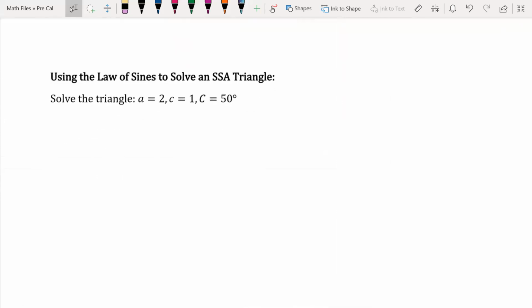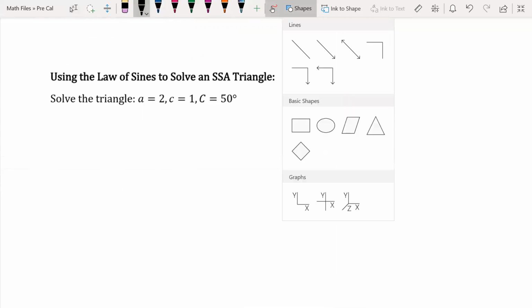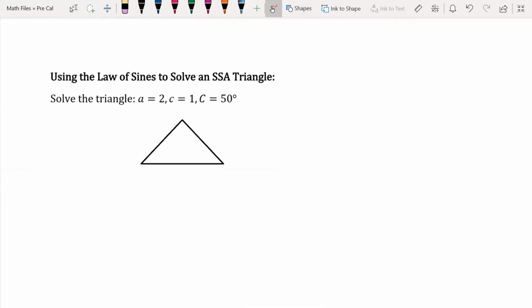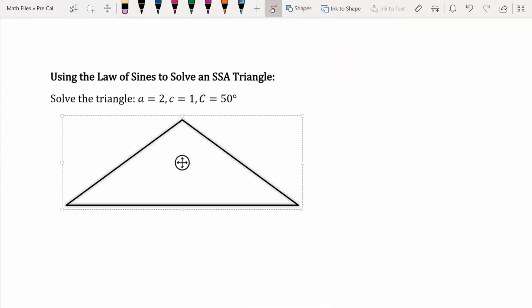Use the law of sines to solve a side-side-angle triangle. So here we're given that side A is 2, side C is 1, and angle C is 50 degrees. So let me draw my triangle. Boom, and then label it from what we know.